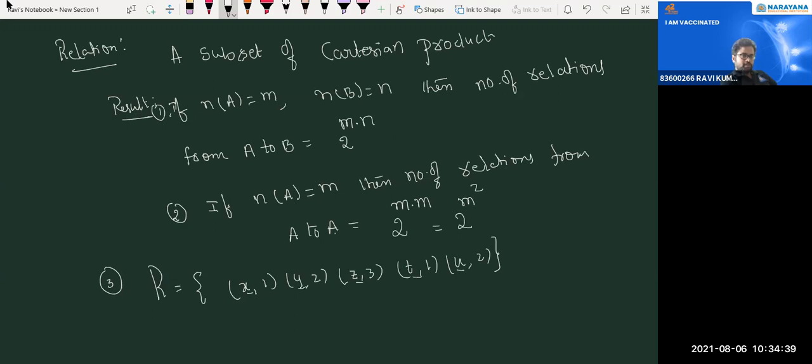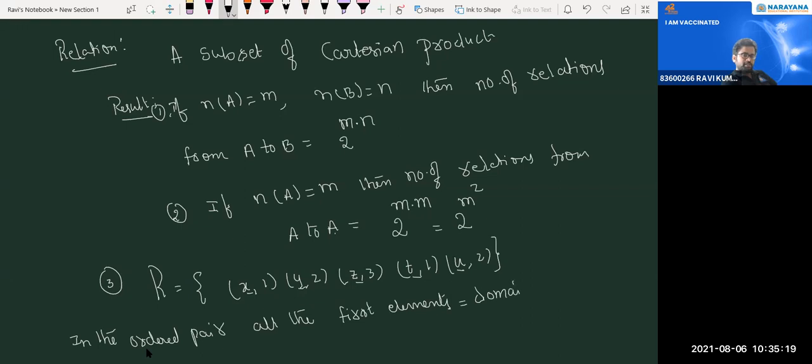Now write it here. All the first elements in the ordered pairs are called domain.